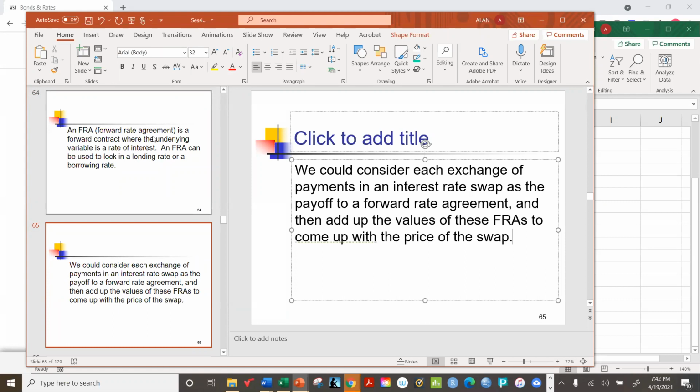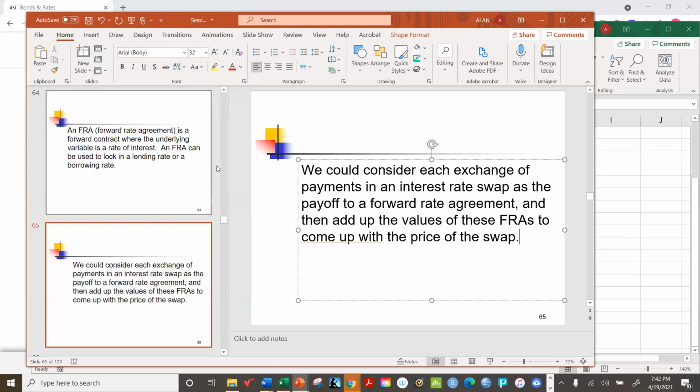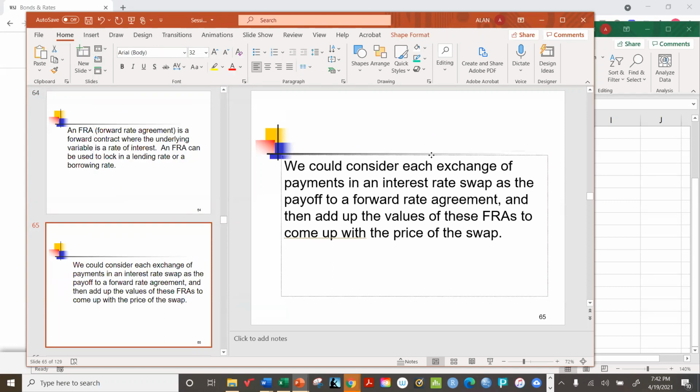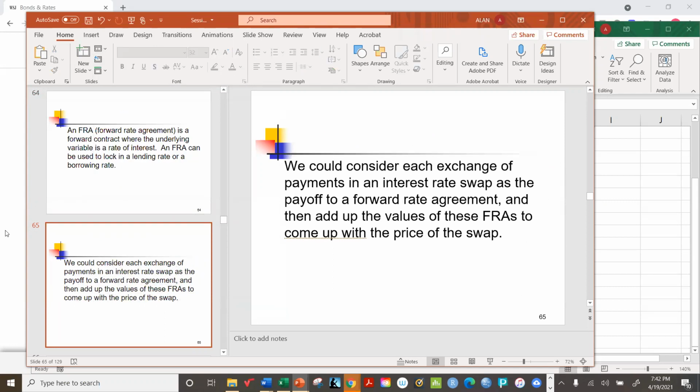Okay, so we're not going to do that as a separate example. We don't have all night here. And we may revisit this when we go on and actually introduce forward rate agreements properly.